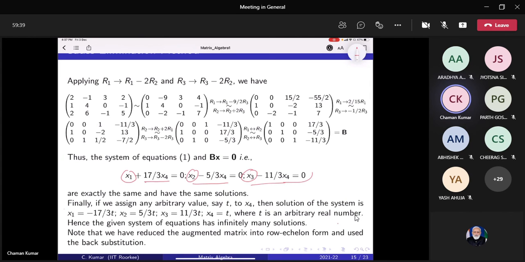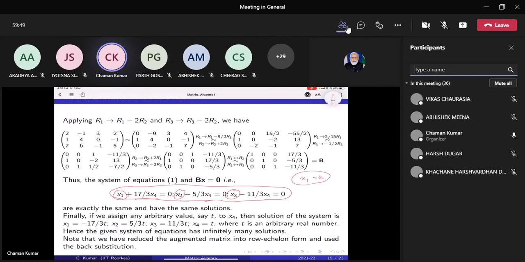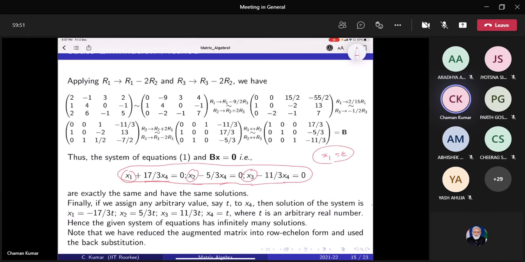So from here, it is clear that if I take x4 is equal to t, then I do not have to do further calculations. But if you take x1 is equal to t and you have done this in the beginning, then some slightly more calculations may be needed. Otherwise, you can do this.